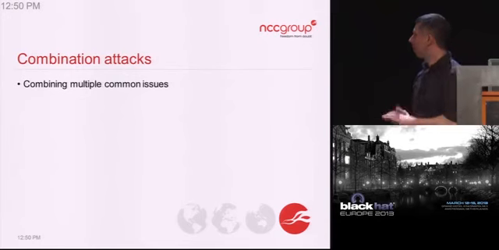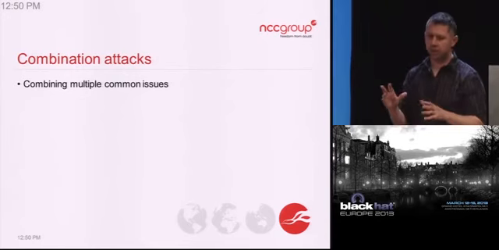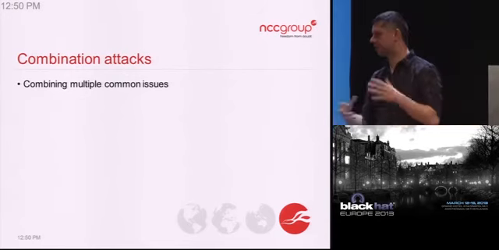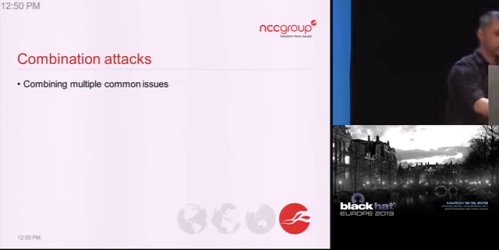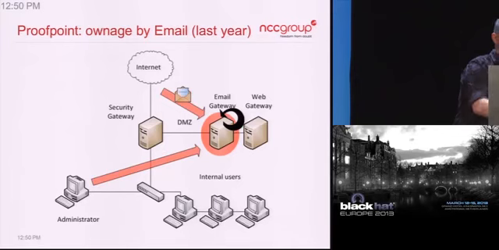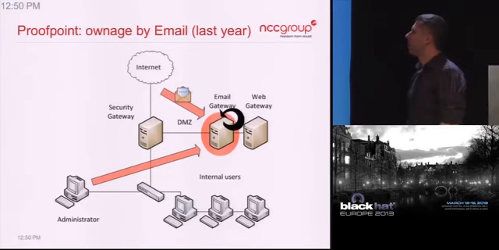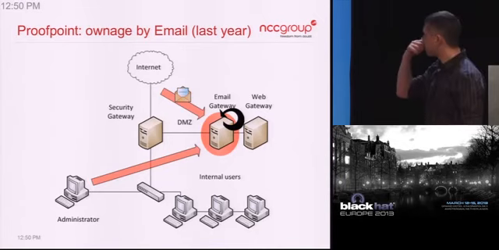So let's talk a little bit more about combination attacks, because I think if there is anything innovative, combining attacks is where it is in these vulnerabilities. Last year I talked about a vulnerability that I found in Proofpoint's product, which is an email filtering product.